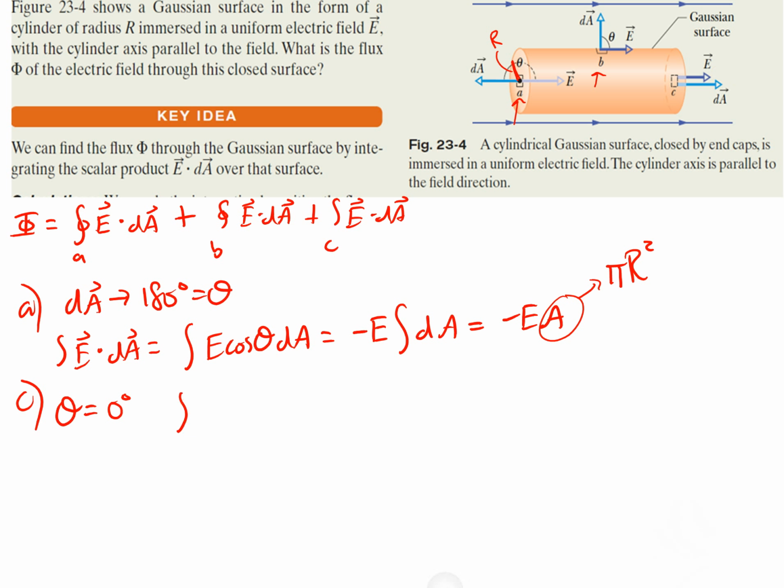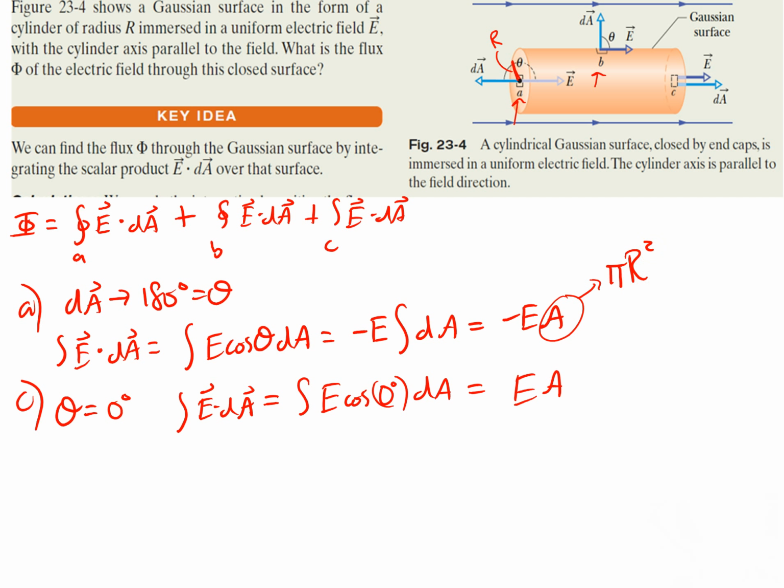We'll just do the integral of E dot dA, and that's going to be the integral of E cosine of 0 degrees in this case times dA. So this is just going to be equal to E times A. Again, when A is pi R squared.